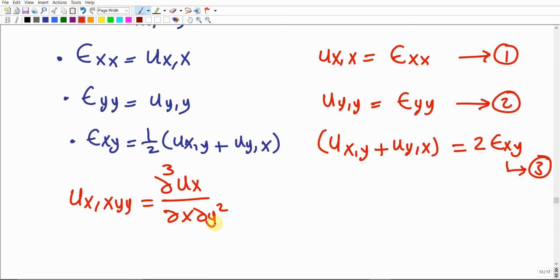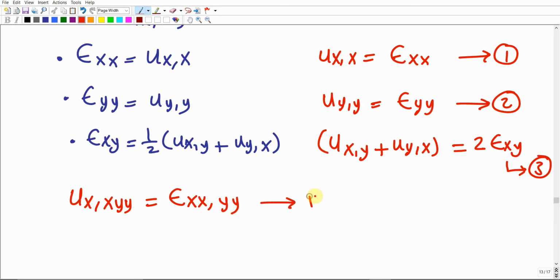Because this is a 3rd derivative. It can be replaced by a comma for the sake of simplicity in terms of writing. So if we did these derivatives here, we end up with ux comma xyy equals epsilon xx comma yy. We did a double derivative with respect to y, and this gives us the first equation dash.